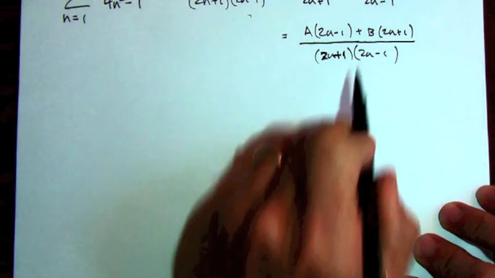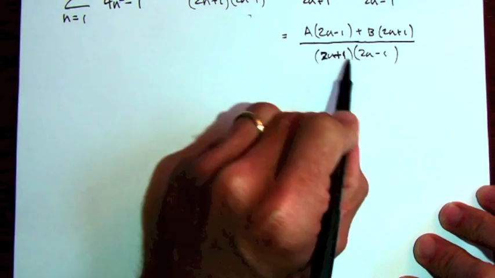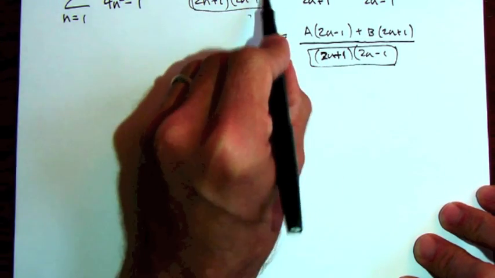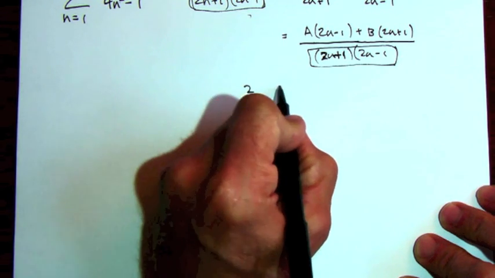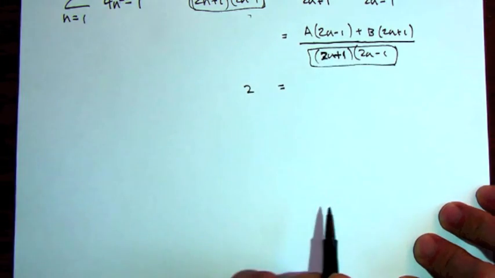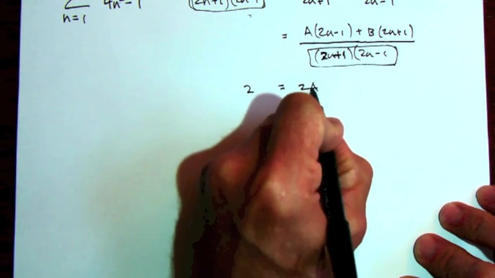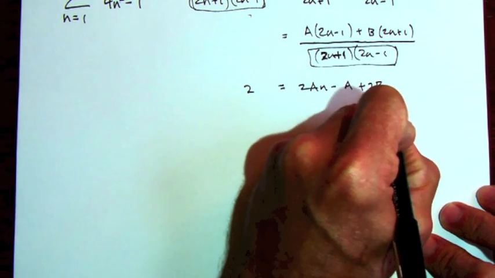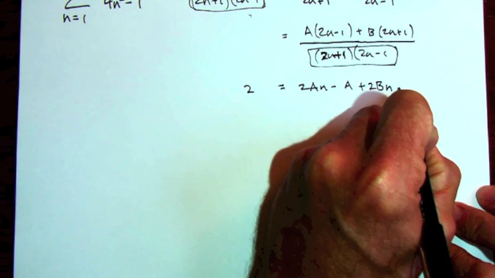So we see now that in order for these to be equal, since the denominators are equal, the way that these two things will be equal is if 2 equals, and let me go ahead and distribute here, 2an minus a plus 2bn plus b.